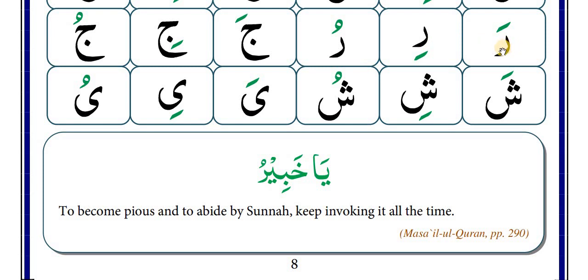Ra is not a mustali letter, but we read this letter in thick voice because you have learned in lesson 3 that when zabar and pesh come on top of the Ra, Ra will be pronounced in thick voice. So that's why we read this letter in thick voice.